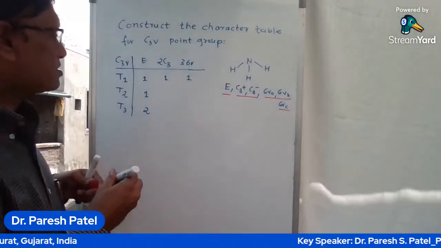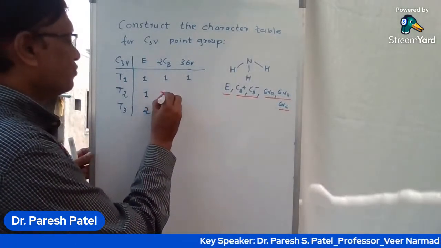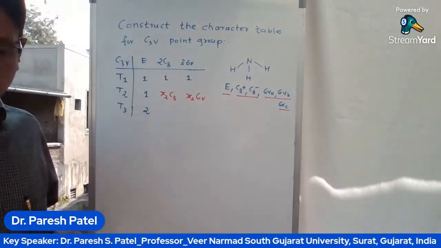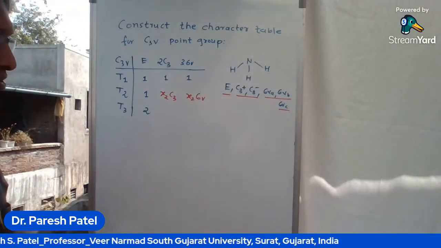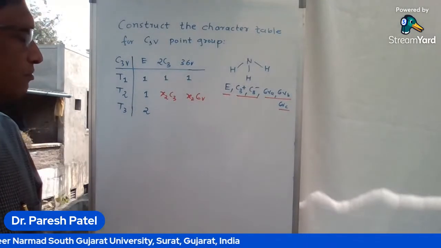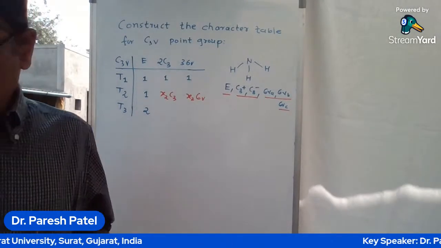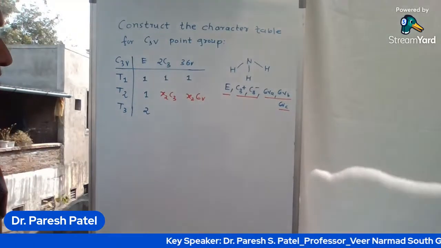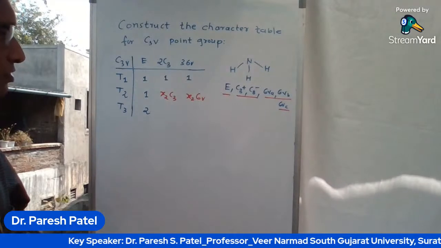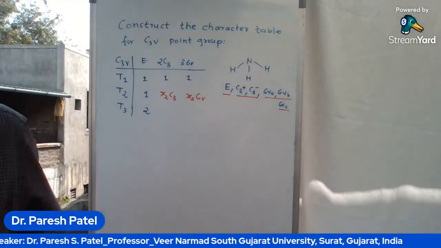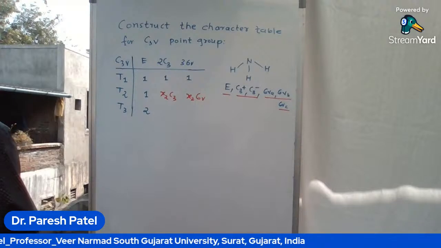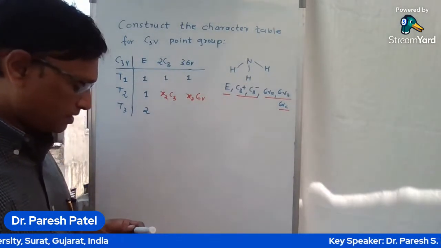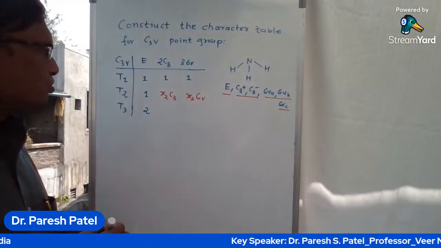To get the second irreducible representation, we need the values for character 2 C3 and character 2 sigma V. According to rule number 4, the characters of different irreducible representations of the same group are orthogonal to each other.